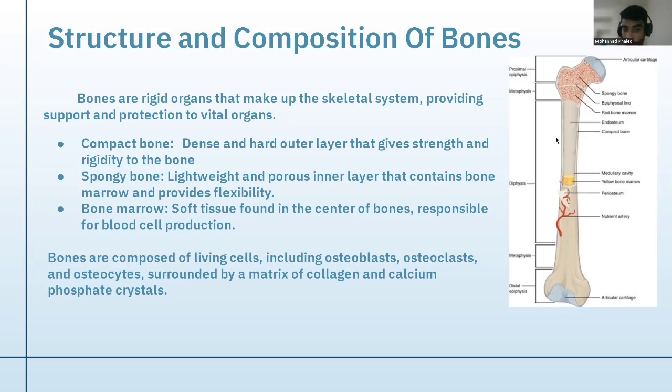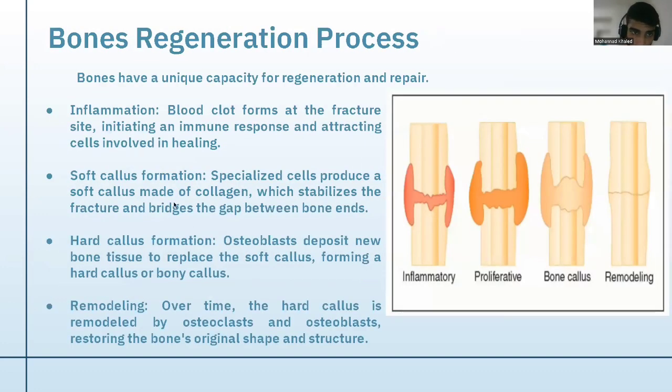Bone also consists of living cells, including osteoblasts, osteoclasts, and osteocytes, surrounded by a matrix of collagen and calcium phosphate crystals, which makes up about 71% of the bone itself.